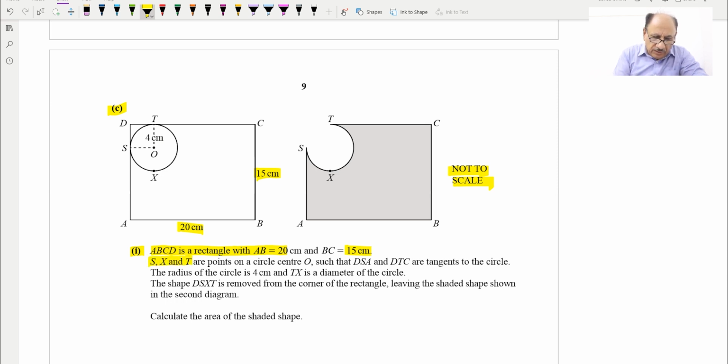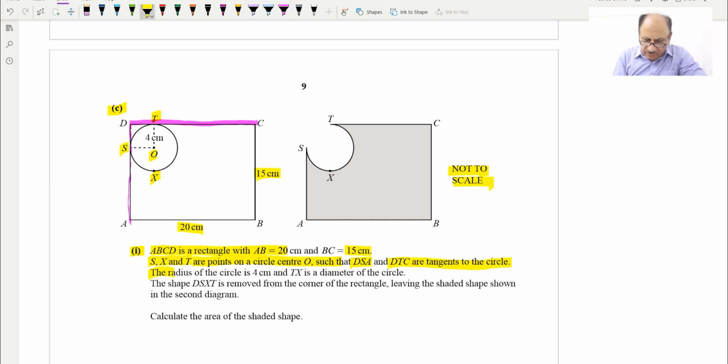S, X and T are points on the circle center O, such that DSA and DTC are tangents to the circle. So this side is tangent to the circle, and this side is also tangent to the circle.